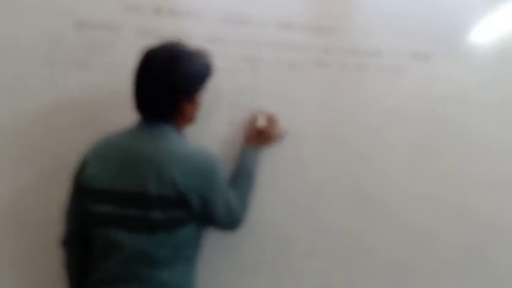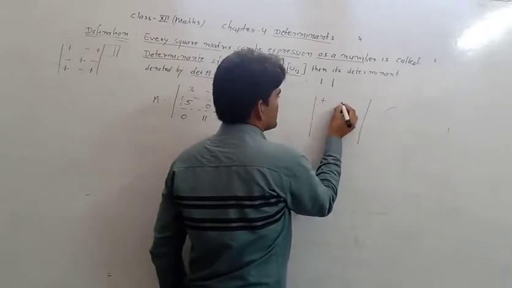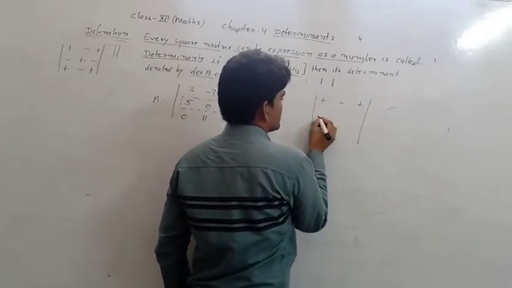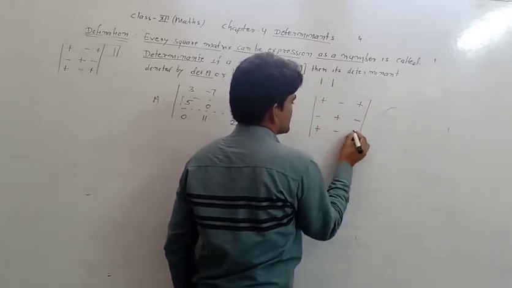Because in the second row there are two zeros, this is 0 and this is 0, then it is a simple solution. And we use the rules. This is the sign rule for a 3 by 3 determinant: plus minus plus, minus plus minus, plus minus plus.